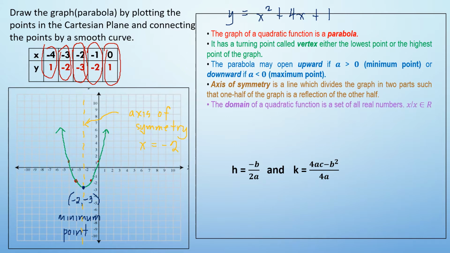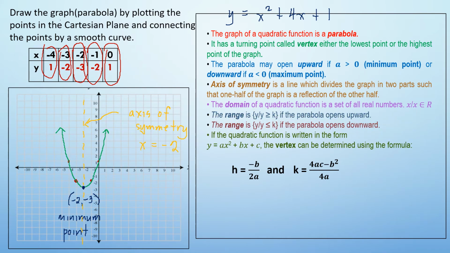Next, the domain of a quadratic function is a set of all real numbers. It's the set of all x's such that x is a real number. So in the given quadratic function or graph, the domain is the set of all real numbers, while the range is the set of all y such that y is greater than or equal to k if the parabola opens upward.